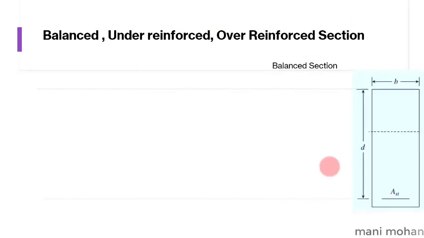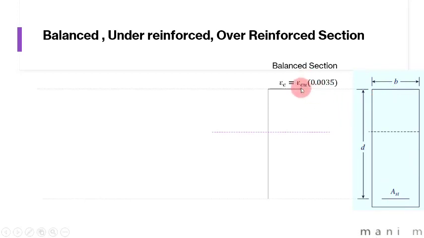Balanced section. A balanced section is one in which the area of tension steel is such that at the ultimate limit state, the two limiting conditions are reached simultaneously. That is, the compressive strain in the extreme fiber of the concrete reaches the ultimate strain epsilon Cu, which is equal to 0.0035 as per recommendation of IS 456 2000 for flexural member, and the tensile strain at the level of the centroid of the steel reaches the yield strain epsilon y.